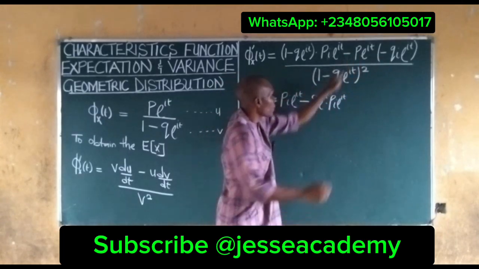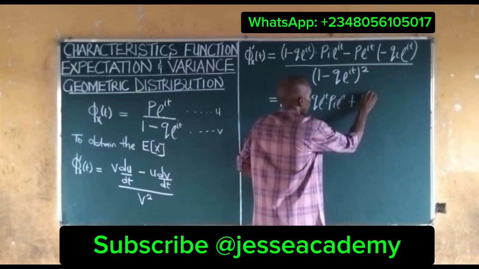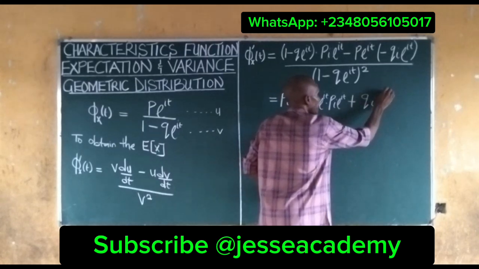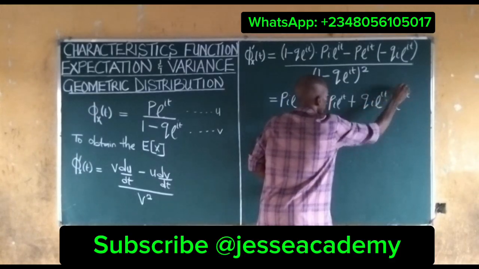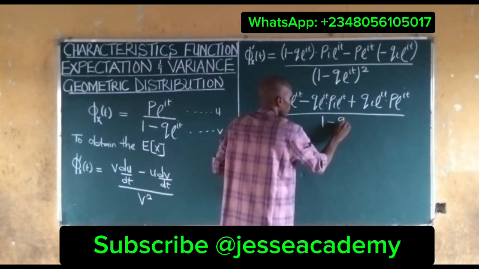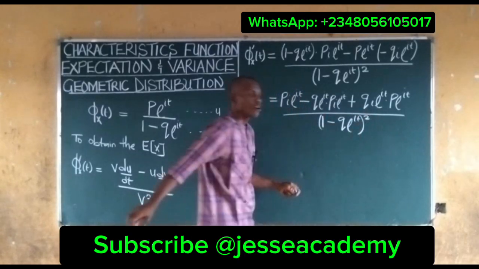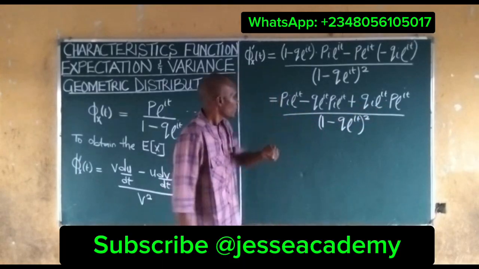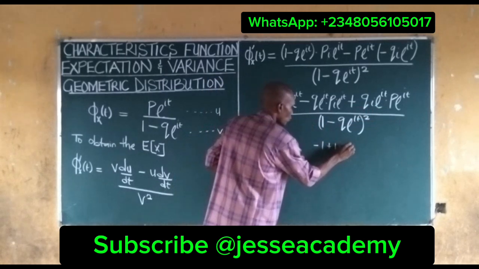Because of this sign, this becomes positive. So we write plus this multiplied by this. We have q i p, which is e^(it), and p e^(it), all over 1 minus q e^(it) raised to the power of 2. Of course, if we look at this, we see that this and this are the same, just like negative 1 plus 1 is equal to 0.